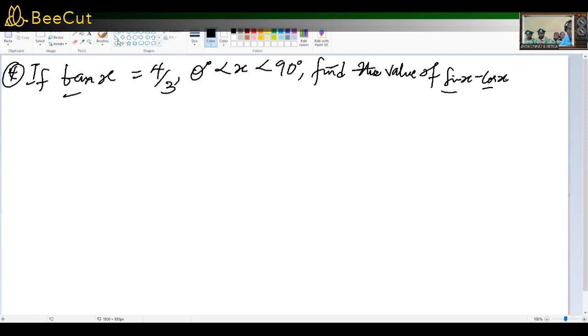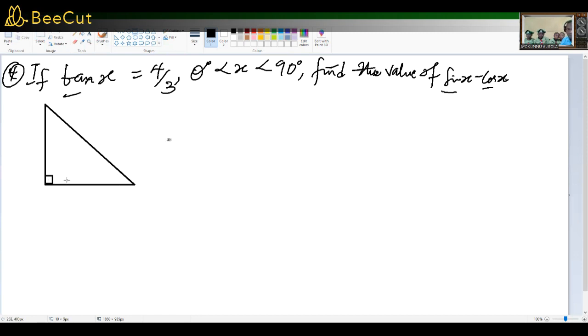Before you can talk about this, you need a right angle triangle. Understand me? In a right angle triangle, you have to identify which of the angles you are referring to. This is my 90 degrees.